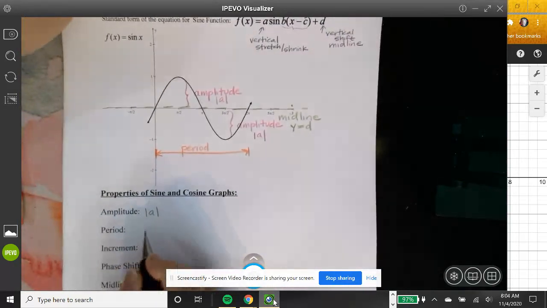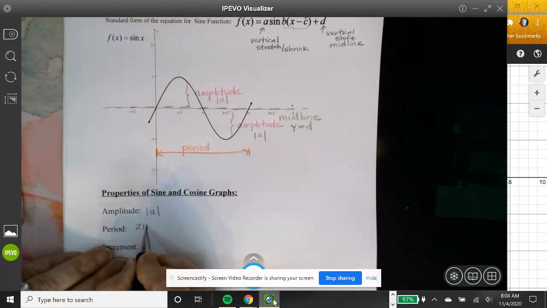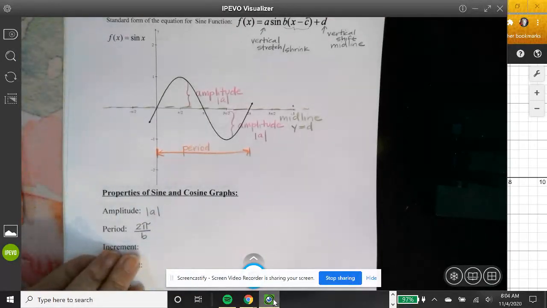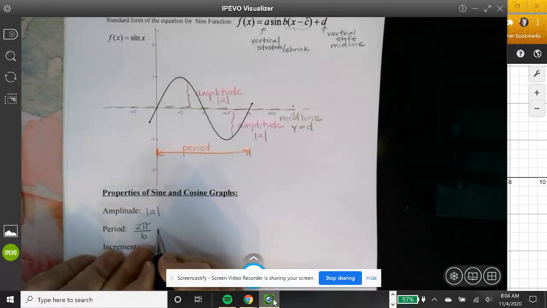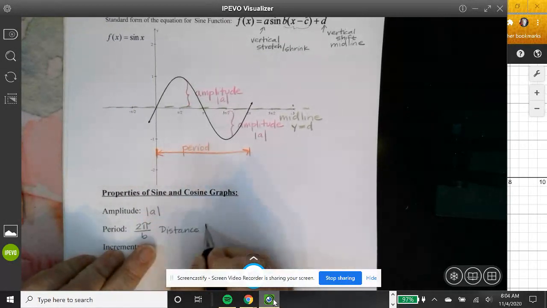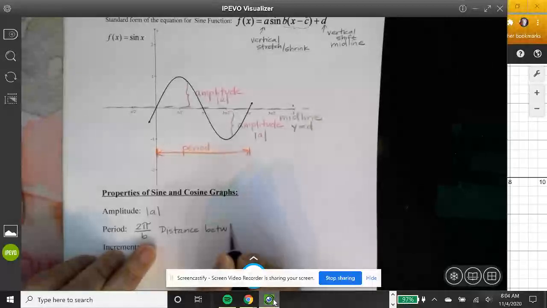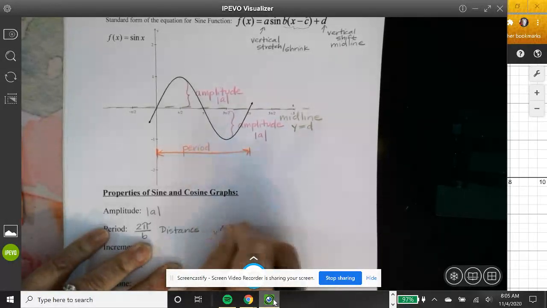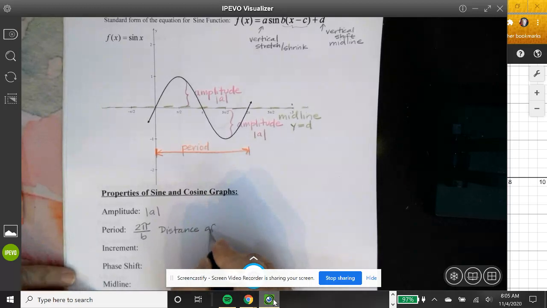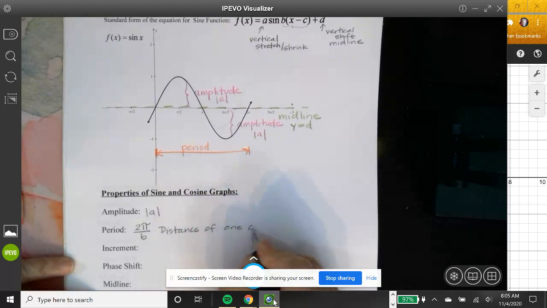So the period, by definition, is 2 pi over the period factor. This is the distance of one complete cycle.